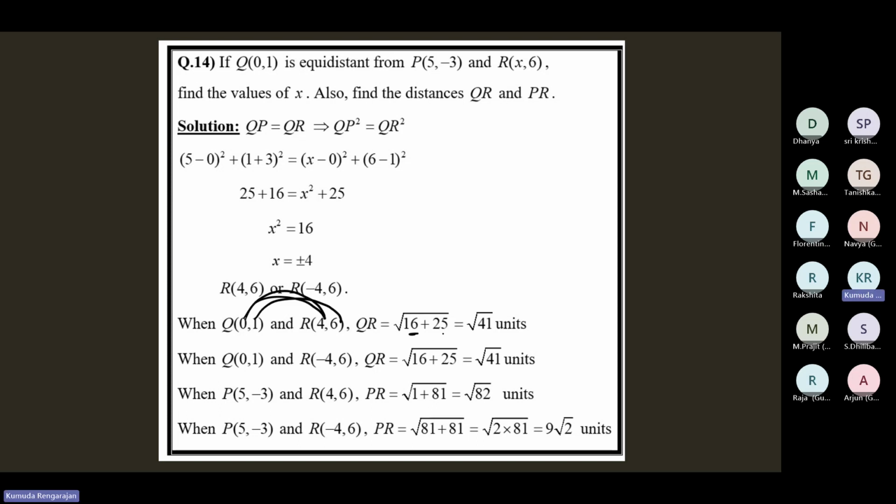And add both the values, with x2 minus x1 the whole square plus y2 minus y1 the whole square. Similarly here, subtract the x coordinates: 5 minus 4 is 1. Square it, 1 square is 1. Subtract the y coordinates: minus 3 minus 6 is minus 9. Square it, minus 9 squared is plus 81. And you have to add the two values, so 1 plus 81.